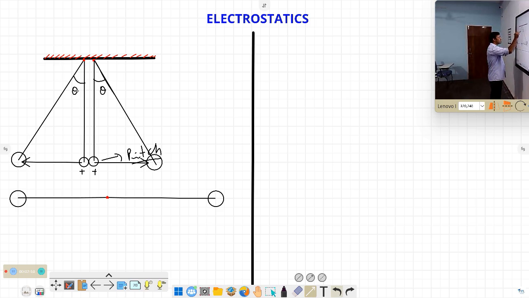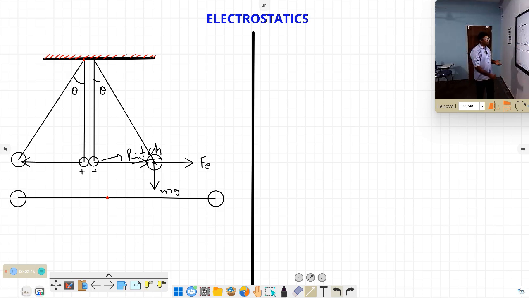So when they are repelling, they have to go separate away. But what happens when they are getting separated? Certain concepts are going to be involved. One is the weight of the body, that is mg. Second is the electrostatic force of repulsion, which acts in this direction, that is F electrostatic.